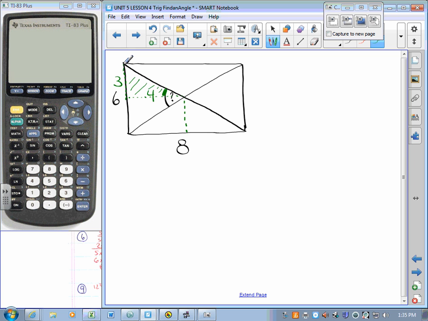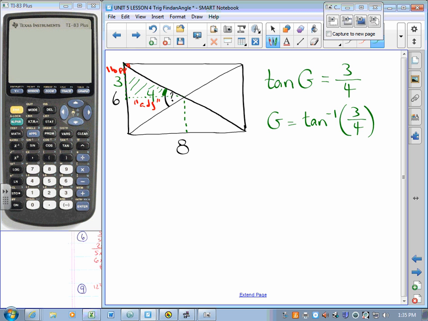So what have I got? I've got opposite here and adjacent here. And so I'm going to say that the tangent of the green angle is 3/4. So the green angle is the inverse tangent of 3/4.